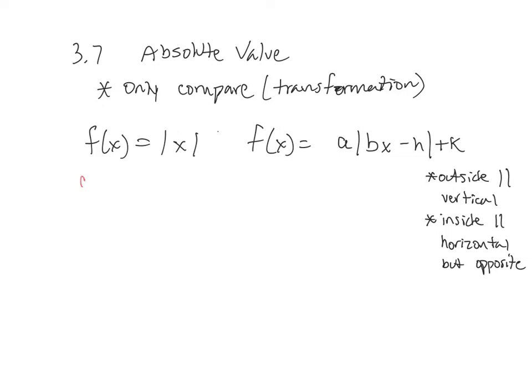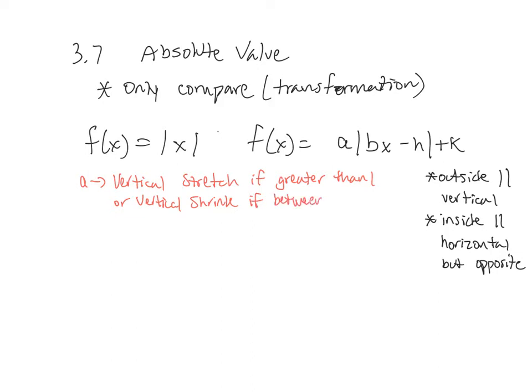So the letter A, if there's a number in the spot where the A is, that's going to be a vertical stretch if greater than 1, or a vertical shrink if between 0 and 1.